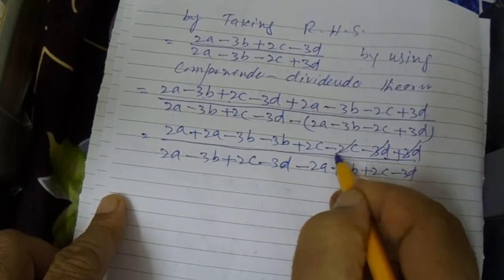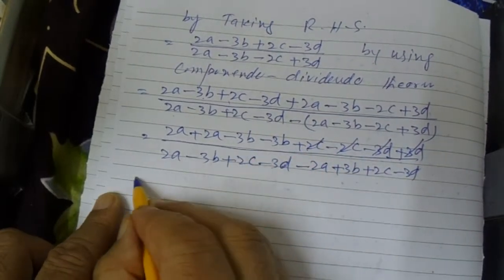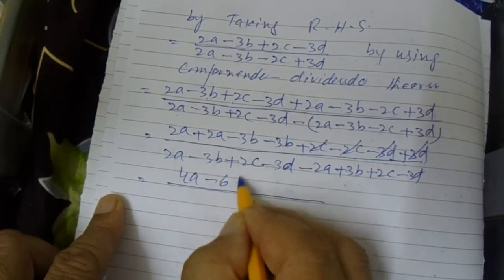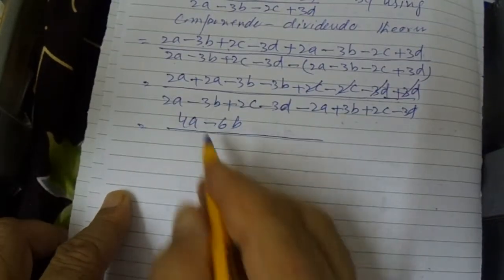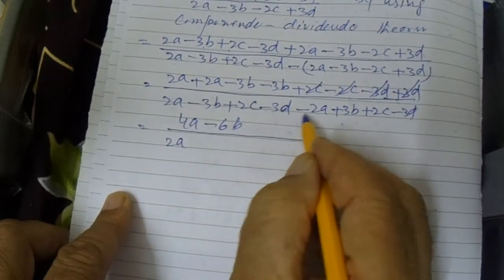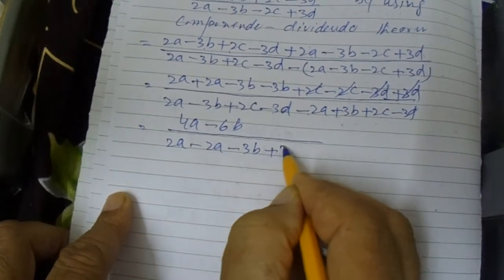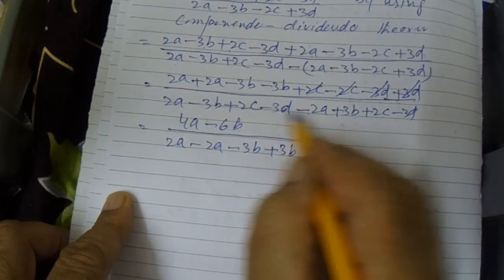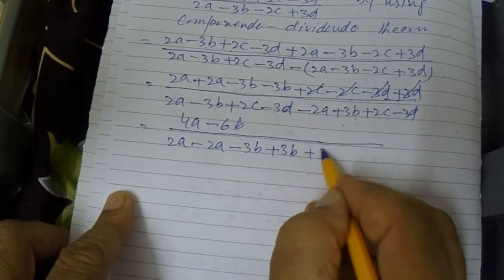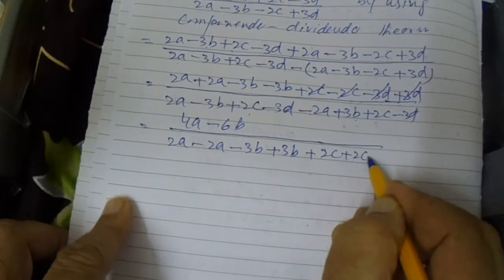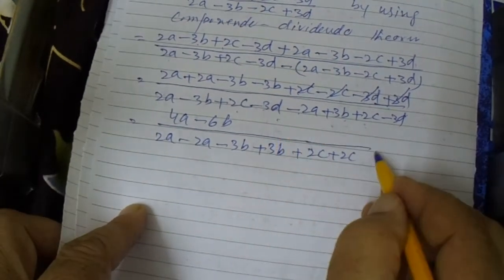This will cancel, and we have in the numerator 4A minus 6B. Again 2A minus 2A, minus 3B plus 3B, plus 2C and plus 2C, minus 3D and minus 3D.